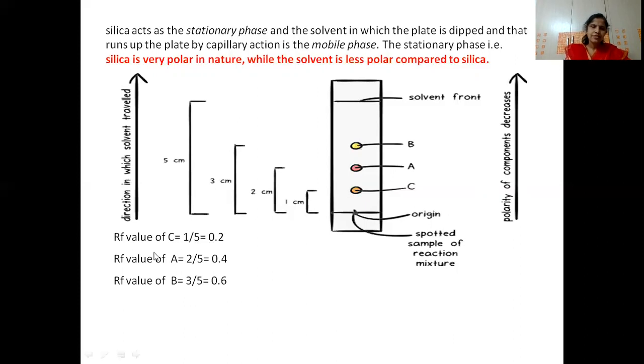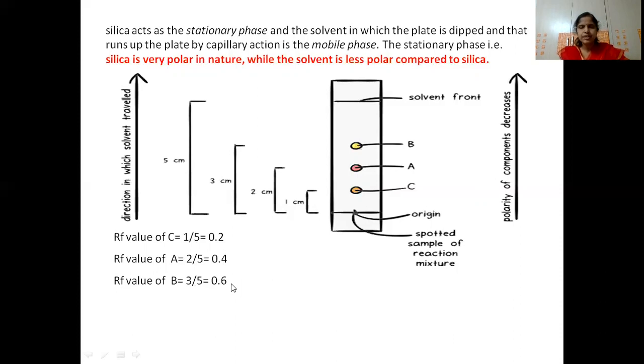Then we need to calculate for A also, the component A. The distance traveled by component A is 2, then divided by 5, it is 0.4. Then for B, distance traveled is 3 centimeters divided by the solvent front distance, that is 5 centimeters. So it comes around 0.6. So this is how we have to calculate the RF values.